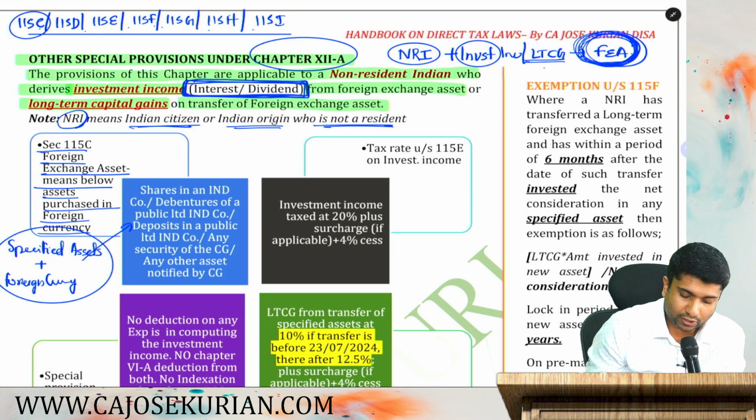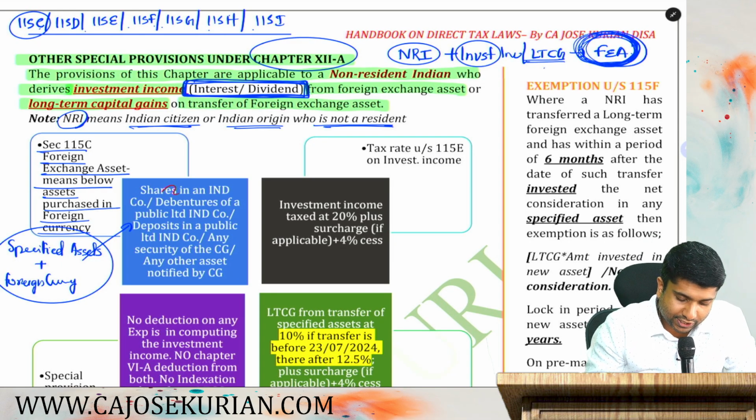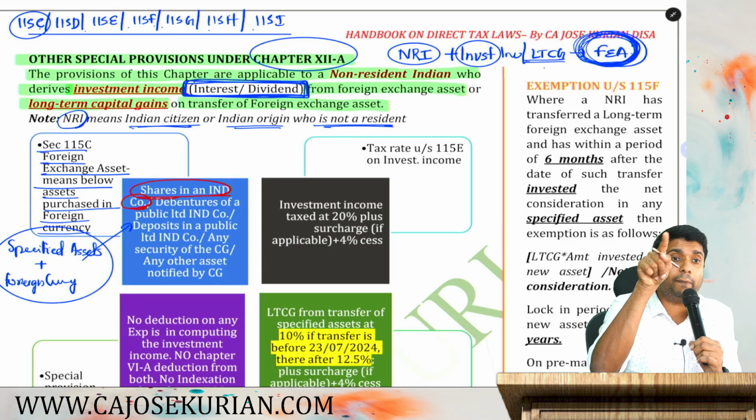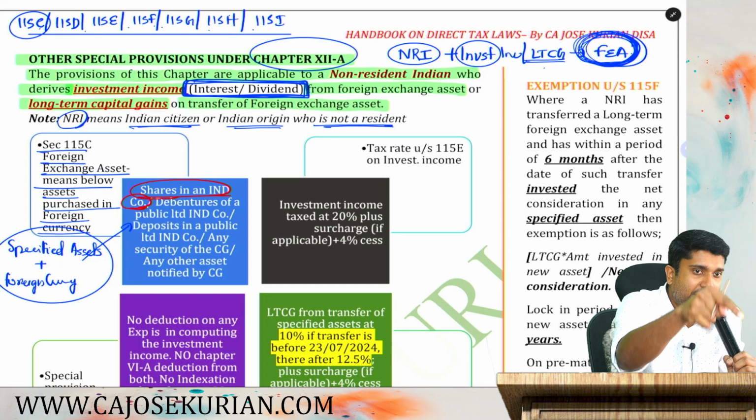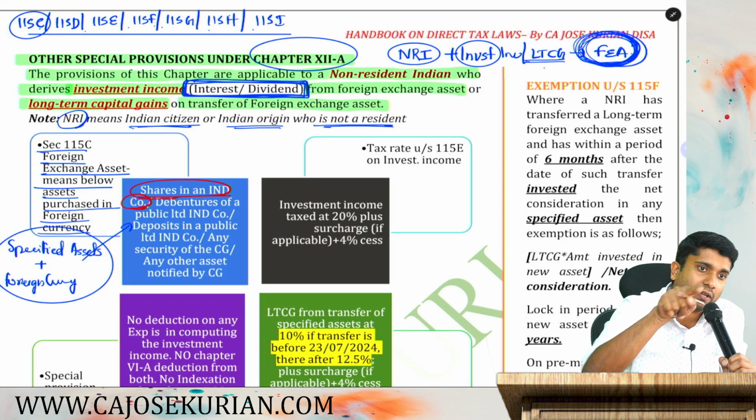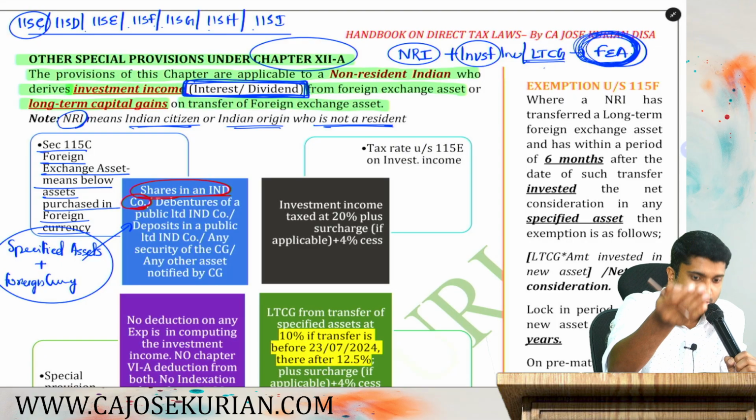Let's discuss specified assets right now. Shares in an Indian company is the first specified asset. If you are purchasing shares in an Indian company by paying foreign currency, and you are an NRI having dividend income or long-term capital gain on account of transfer of that share, you have to refer to chapter 12A.